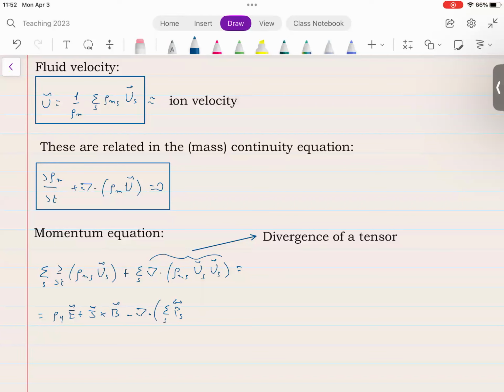The divergence, of course, could go inside since it's a linear operator, but this is the form we want because we want to express everything in terms of quantities that are common to the two fluids. What are not common are the appropriately weighted combinations of the two fluids.